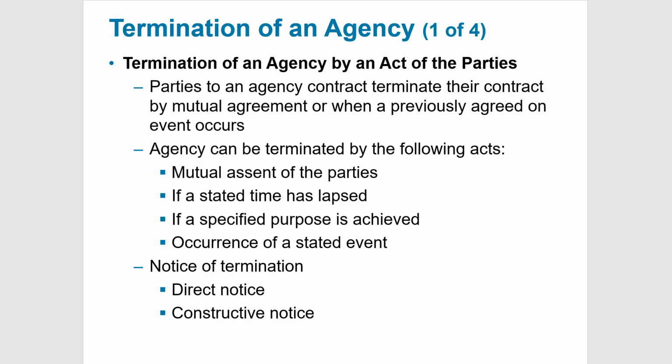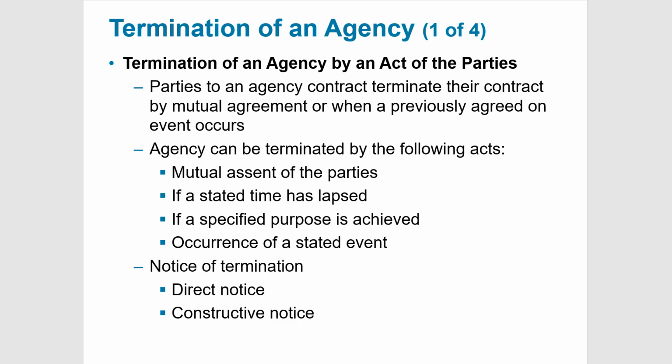If in the contract we state that the contract is only good for a specific amount of time, like 3 months, 6 months, a year, whatever, that time lapses, then the agency is terminated. If a specific purpose is achieved, for example, buying a house, we close the deal, then the agency relationship is terminated.